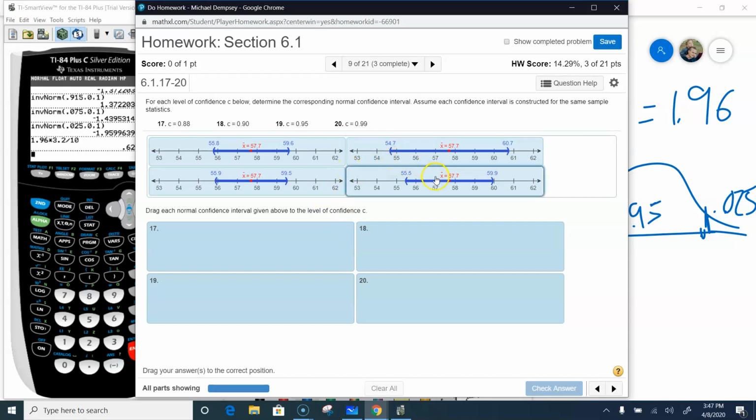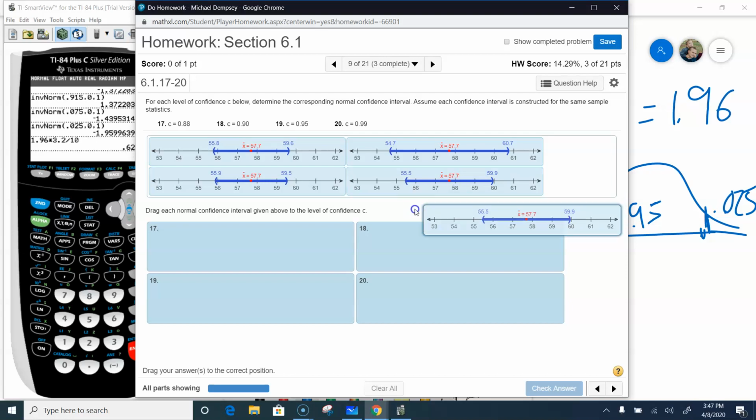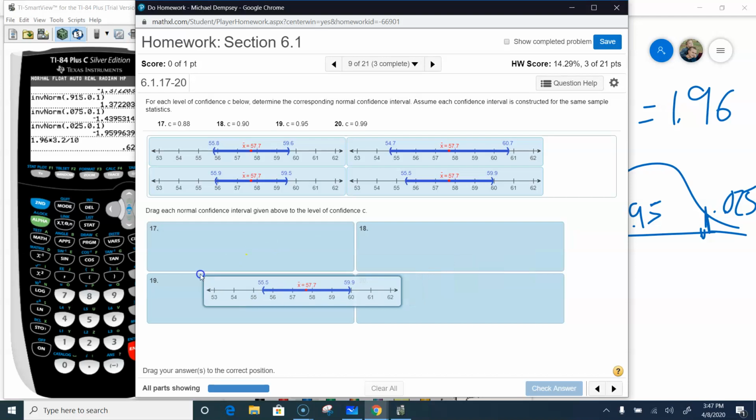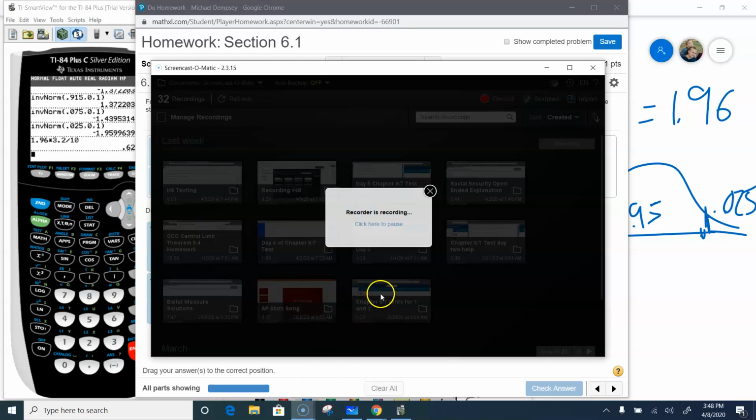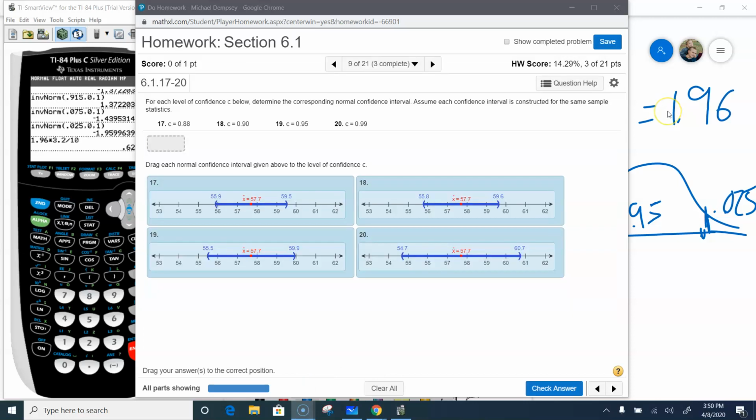And then, wait a second. Yeah, 55.5 is lower than those two, all the way up to 59.9. So he would be my 90%, I think. And I can tell just by looking at it that this one looks like the largest. Okay, so it's not letting me enter any of those. Okay, so I finally got them to cooperate with me there.